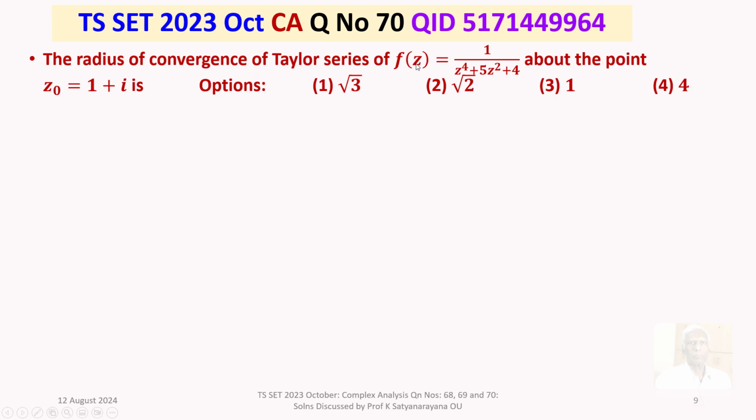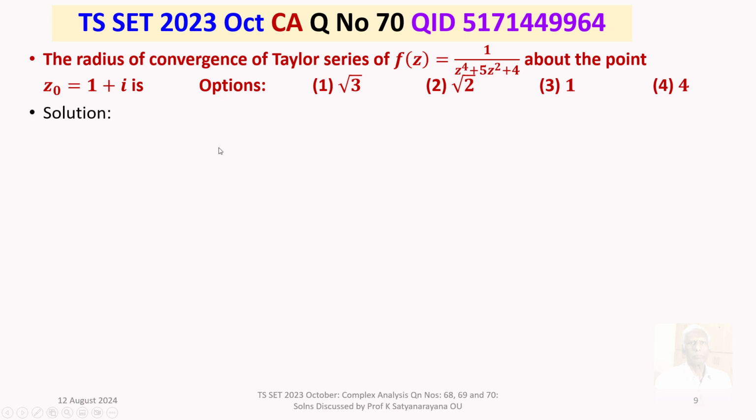So we are given a function and its Taylor series about the point z0 is equal to 1 plus i. For that Taylor series, what is the radius of convergence? We are given 4 options.